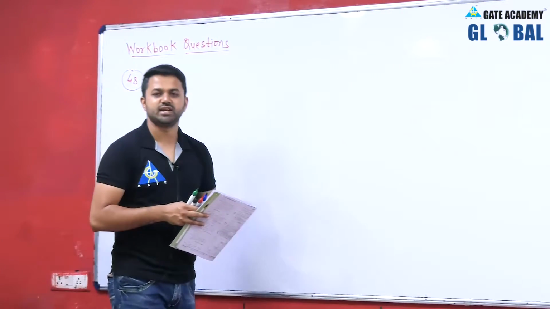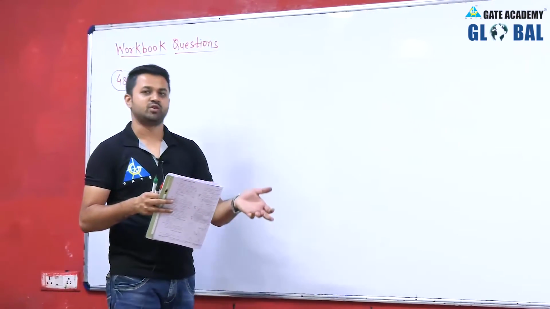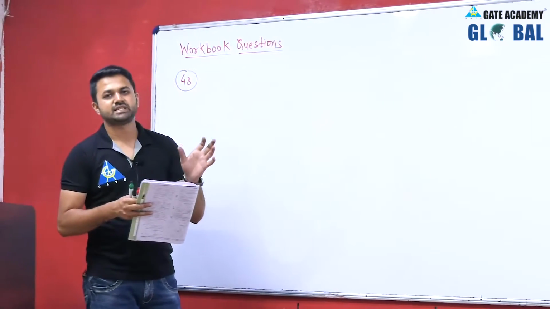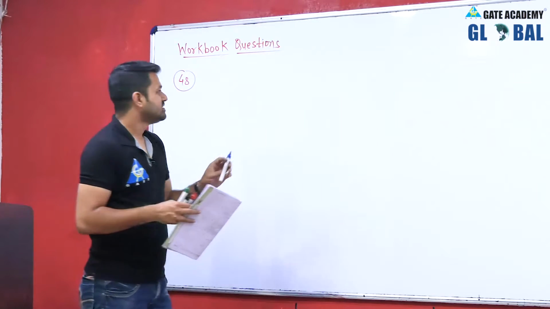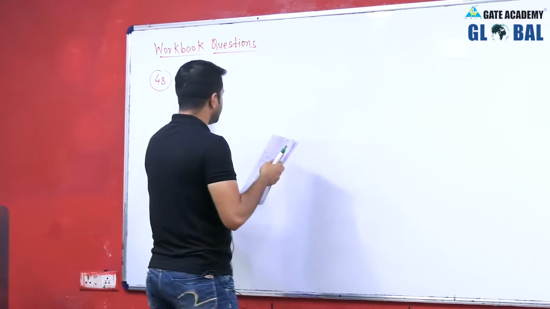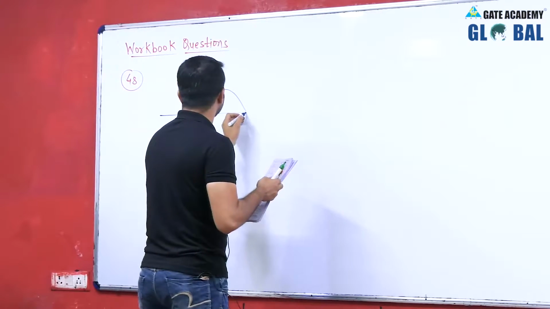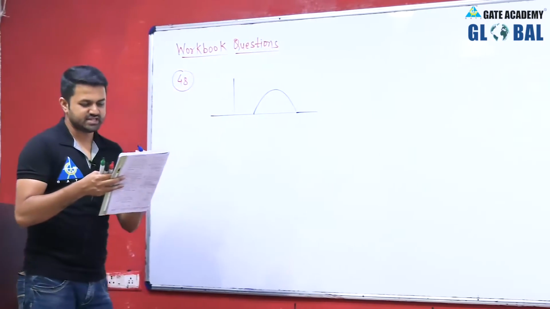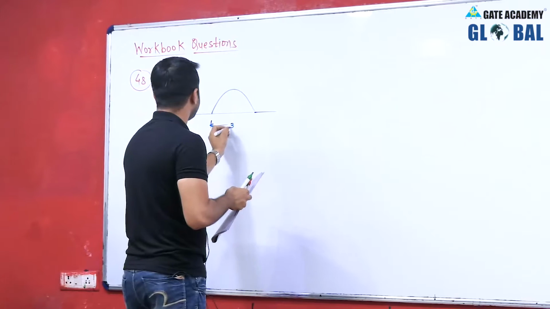So the signal is already converted into a bandpass signal, so we don't require any further modulation, and those bandpass signals are frequency division multiplexed, that means they are combined now. So suppose this is the first message signal, and this message signal is having bandwidth 3 kHz.